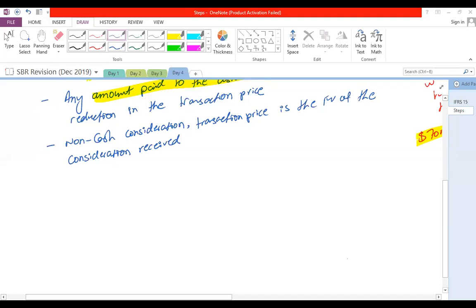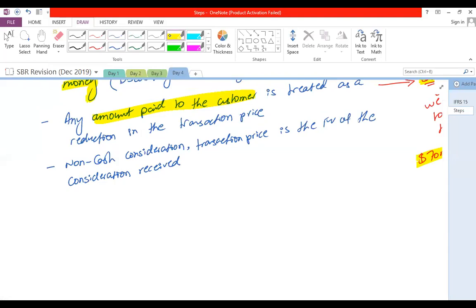So in case of non-cash consideration, yes, it's back. In case of non-cash consideration, the transaction price is the fair value of the consideration that we have received.